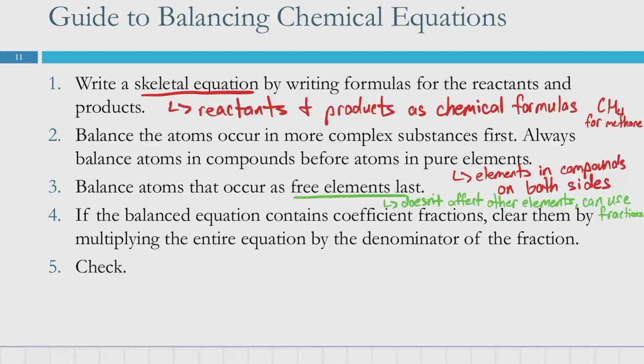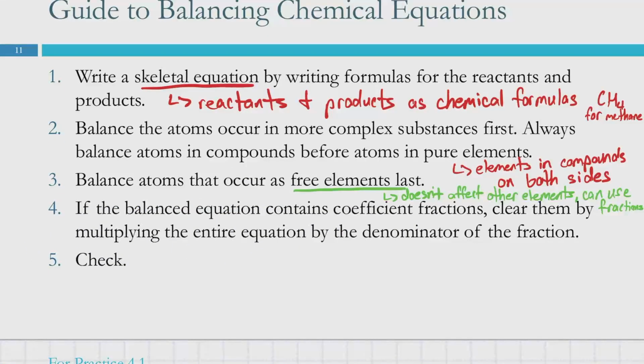There are some instances where it's convenient for us to balance a free element using a fraction in front of it. We will then get rid of those coefficient fractions by multiplying the entire equation to increase those numbers. And then our last step would be check everything.